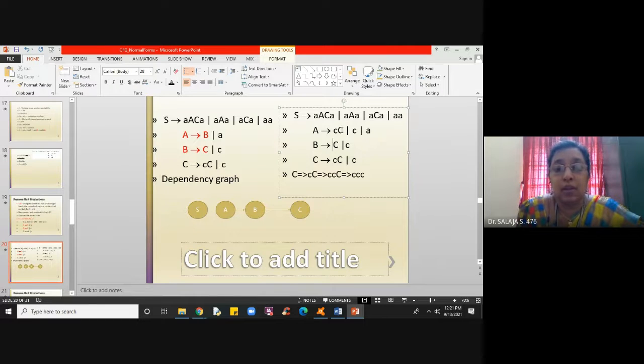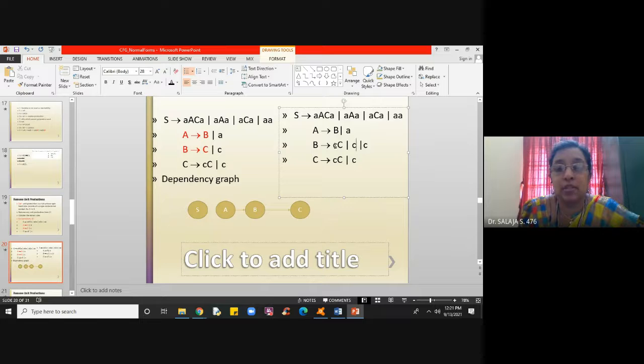We have the same set, and let me do the substitution one after the other. Now you have C produces CC and B produces C. Whenever I have a unit production, this alternative has to be replaced with the right hand side of C's production. So instead of C, let me replace the C with these options.